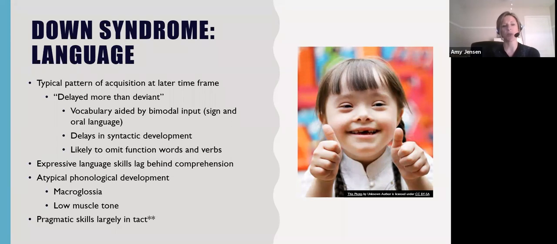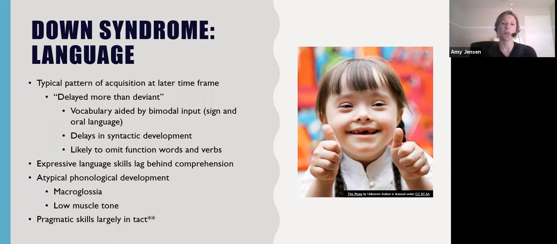Some children with Down syndrome will have pragmatic skills that are largely intact. I put the little asterisks there, of course, because it just depends. But particularly when Down syndrome and ASD co-occur, that's where the pragmatic skills will also be compromised. But in the notes, I do have a couple of good videos here. One that's a sample of a child that kind of shows some of the articulation problems that come with macroglossia.